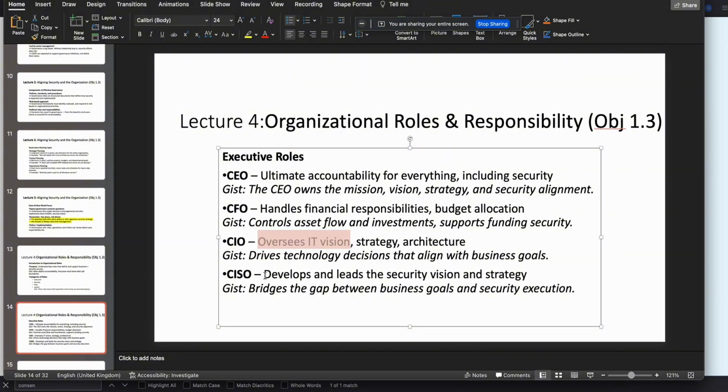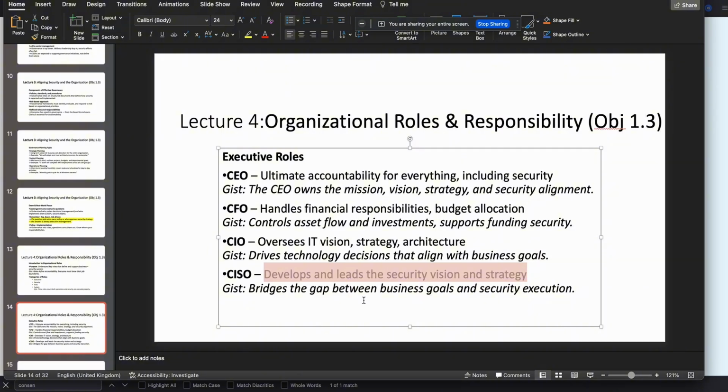The CISO is the one who develops and leads the security vision and strategy. So your role could be CISO or CIO. Your vision should be to develop and lead the security vision and strategy of the organization. How the organization will implement its vision and mission of information security.